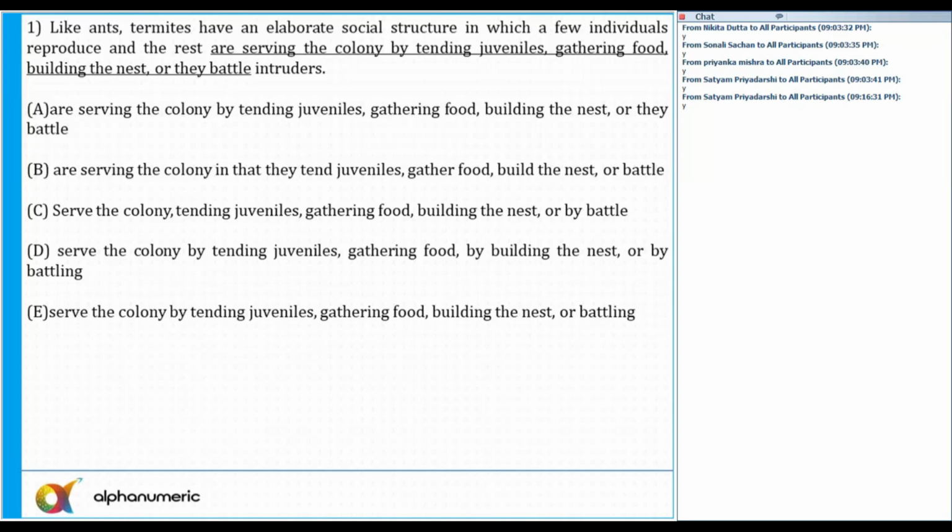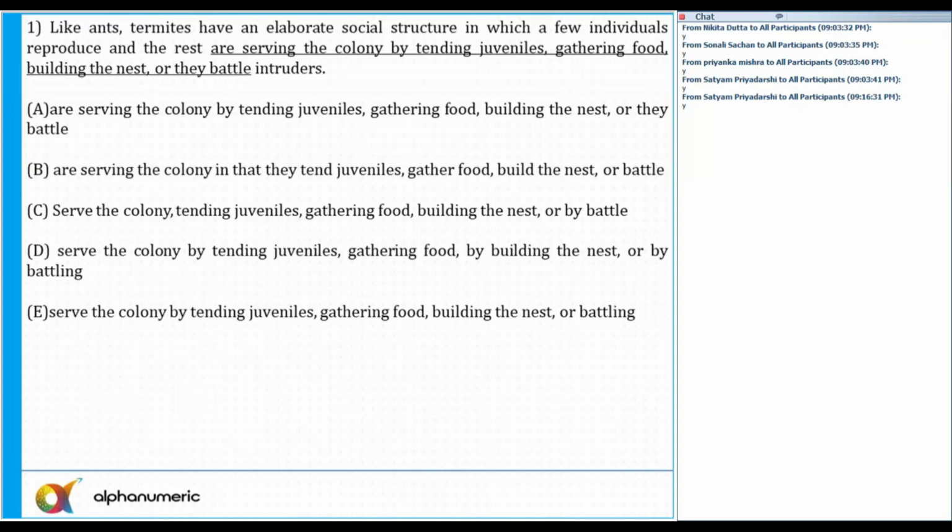Okay, let's check question number 1 to question number 5. Question number 1: Like ants, termites have an elaborate social structure in which a few individuals reproduce and the rest are serving the colony.